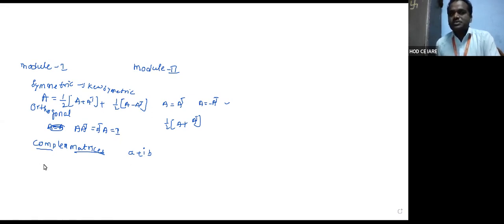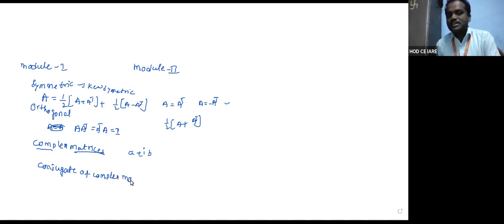In the complex matrix we study Hermitian and skew Hermitian. Before that, we write the conjugate of a complex matrix.